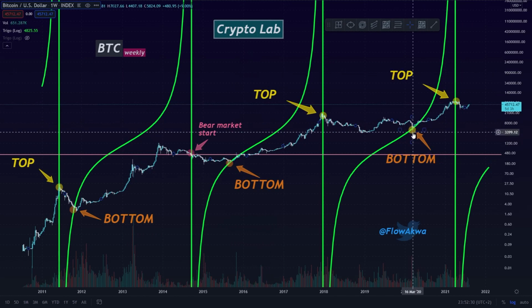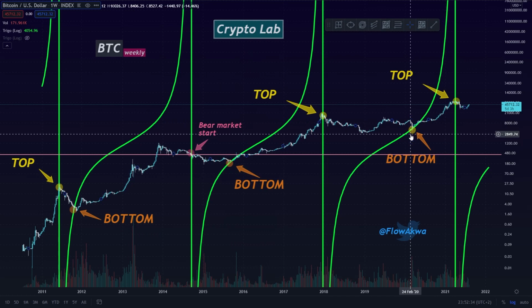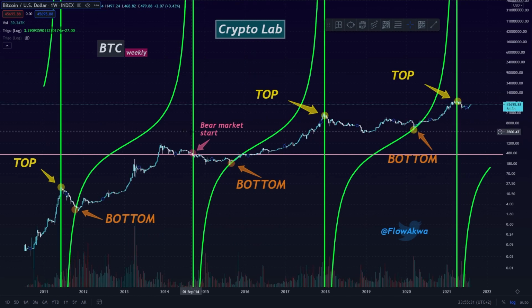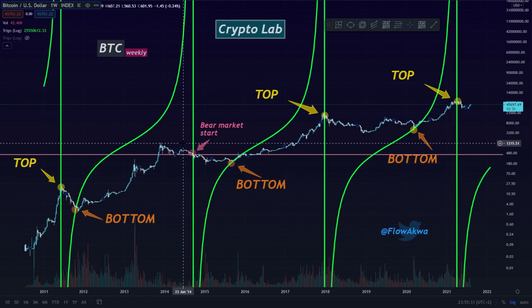Here again, it was the COVID crisis, okay, the COVID bottom. When did it happen? Exactly when we touched the 10 wave indicator. And even the recent top of Bitcoin, around $60,000, when did it happen? When we crossed the tangent indicator again. I really don't know what I can say, guys.